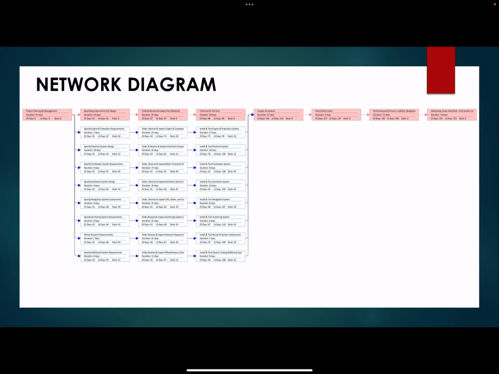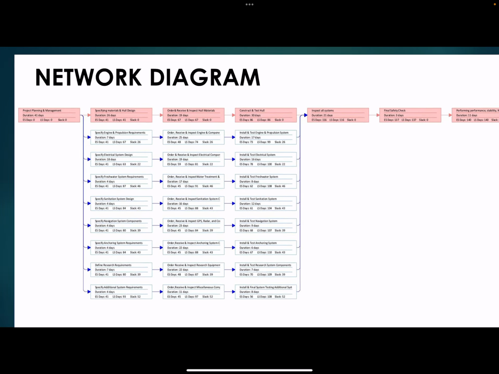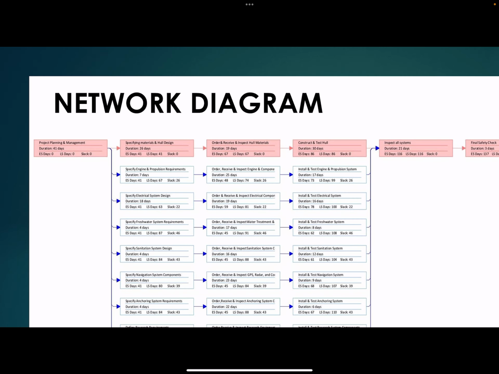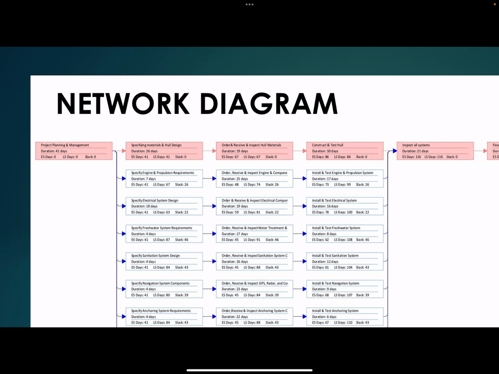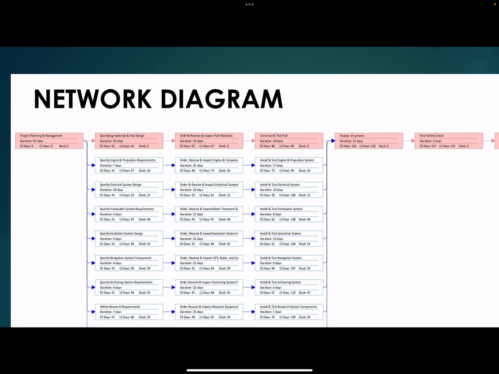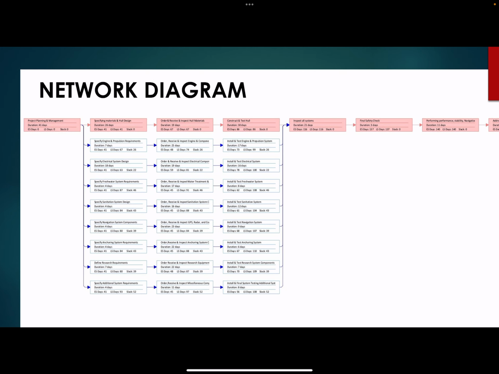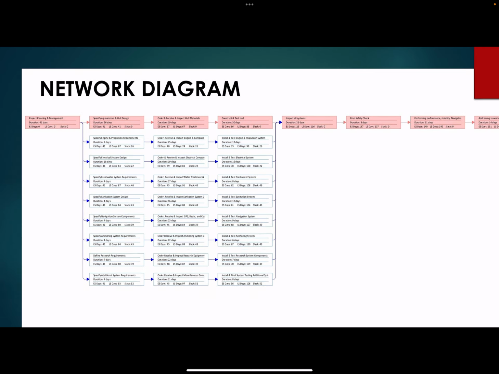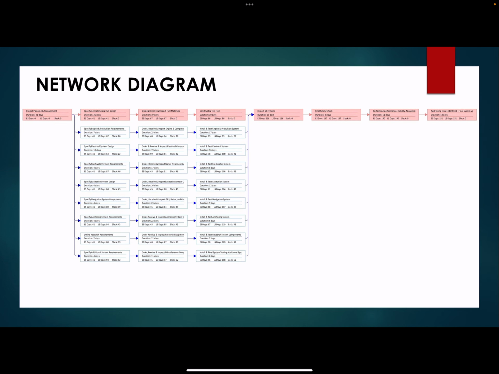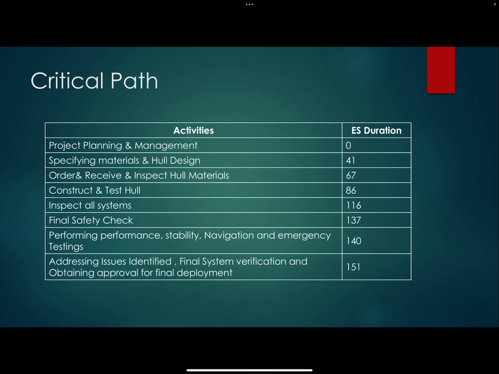As you can see on the screen, the red part is the critical path, and these are the critical tasks for our project, where we cannot afford any kind of slack time. We should be very cautious when we are dealing with these tasks, or else the whole project will be in jeopardy, or we can blow up the whole schedule. So these are the critical parts I mentioned.